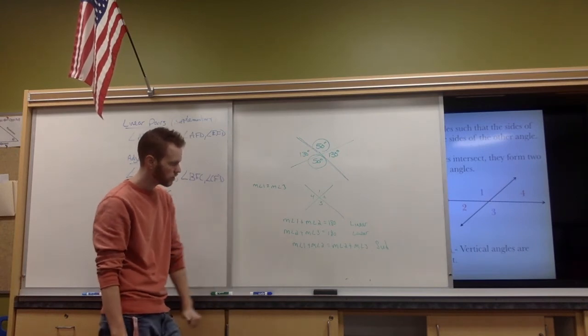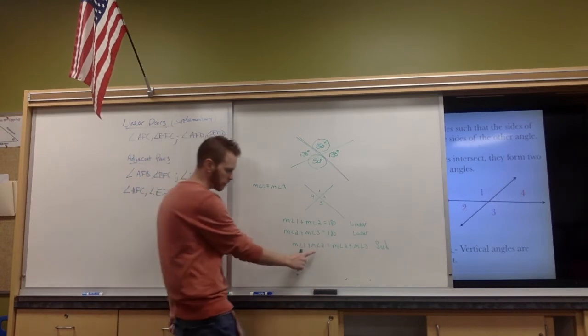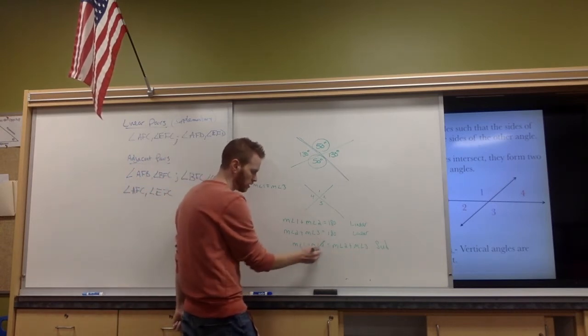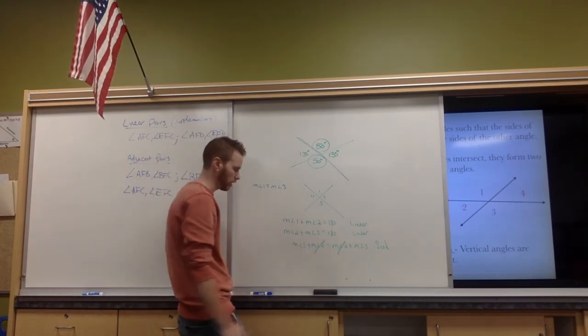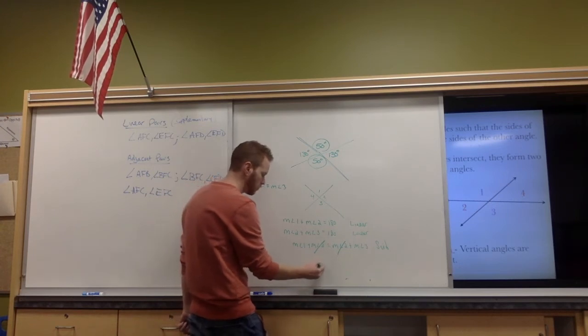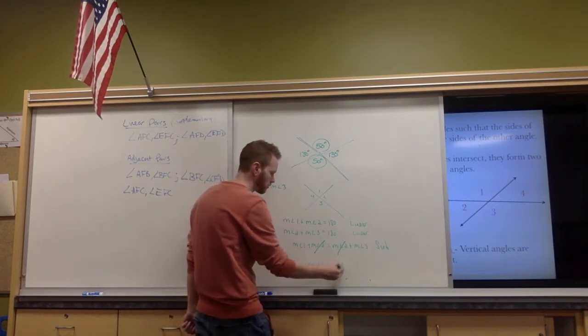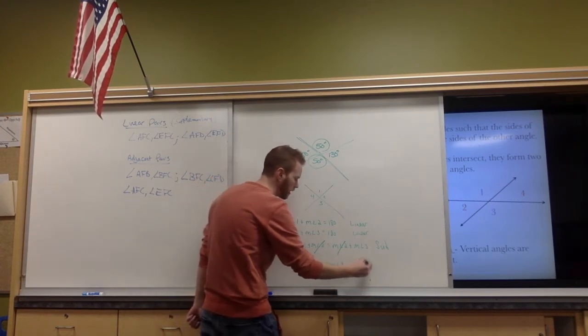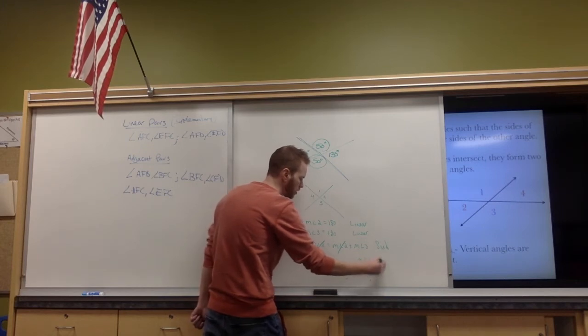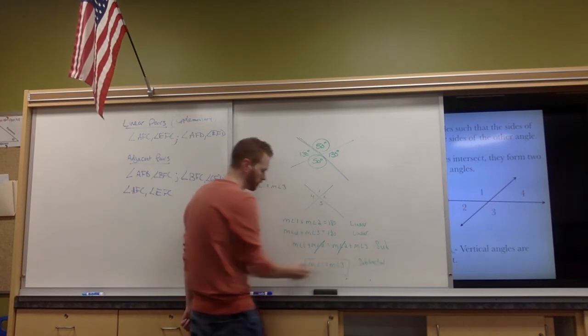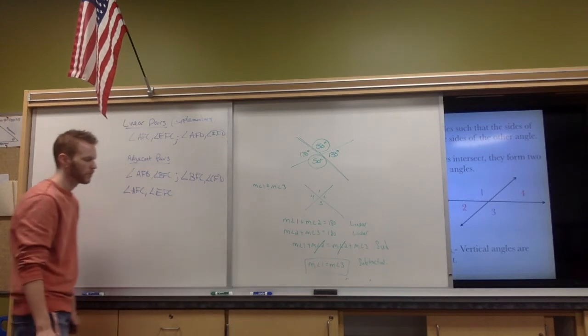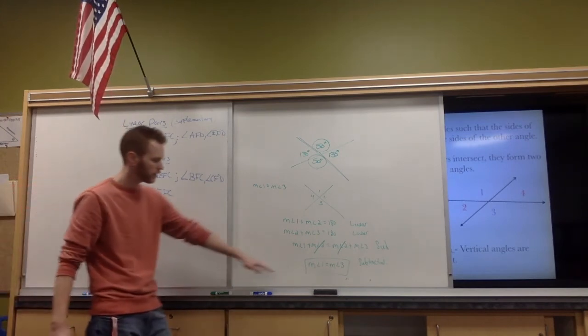Now look at this equation. I think angle 2 could be canceled, right? See how they both have angle 2? When I subtract them, they're gone. So look at this. Measurement of 1 has to equal the measurement of 3. And we got there by subtraction. Ta-da! So no matter what number I plug in, this is always true.